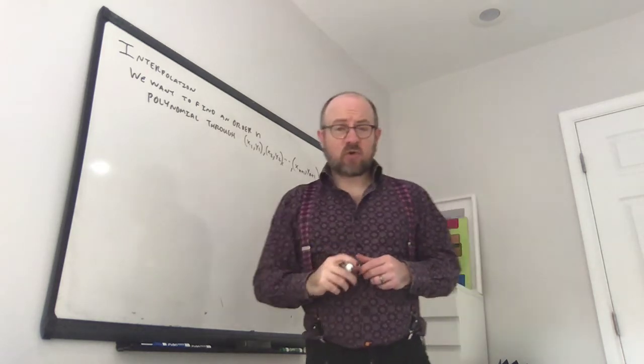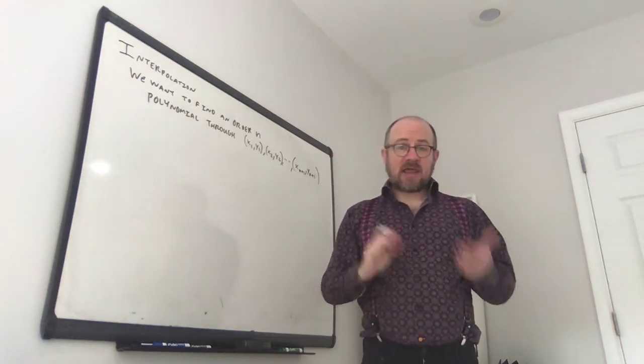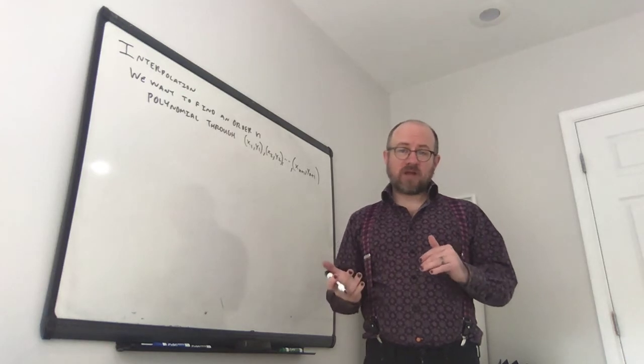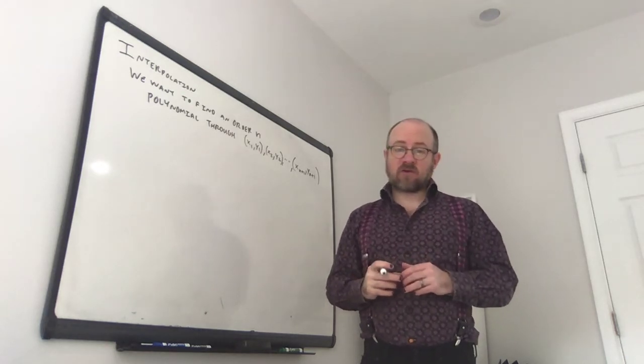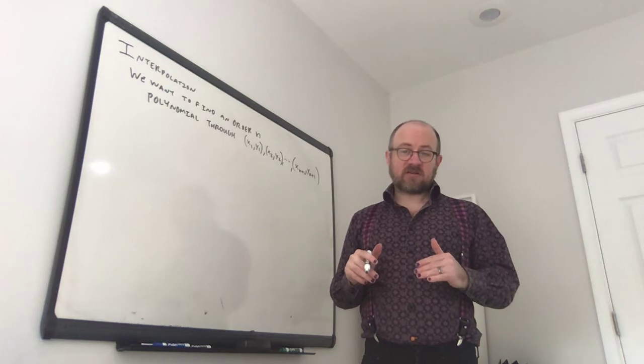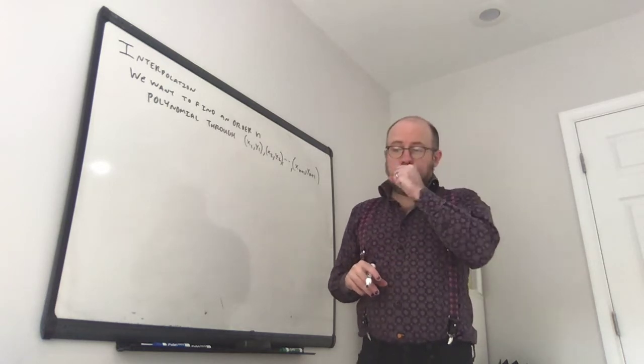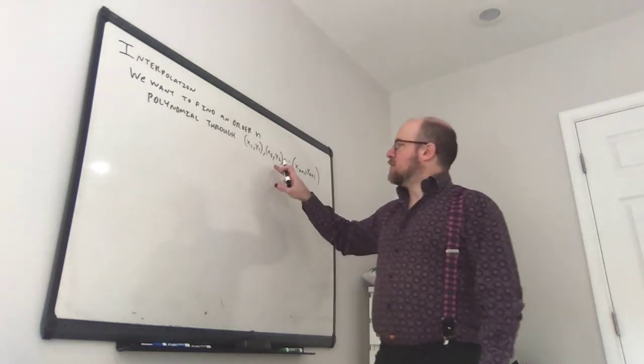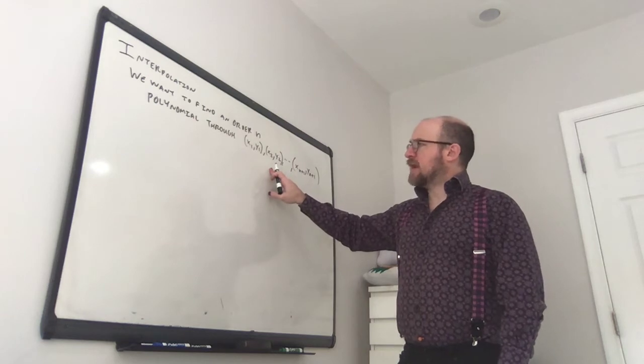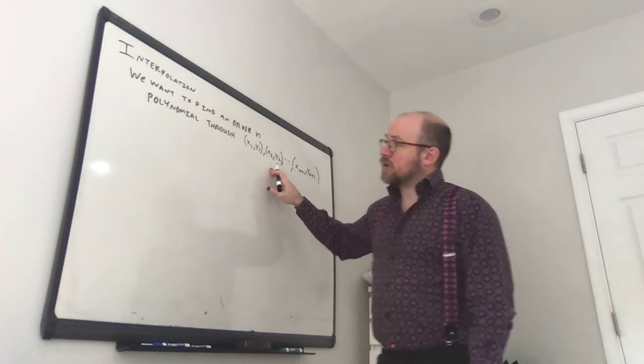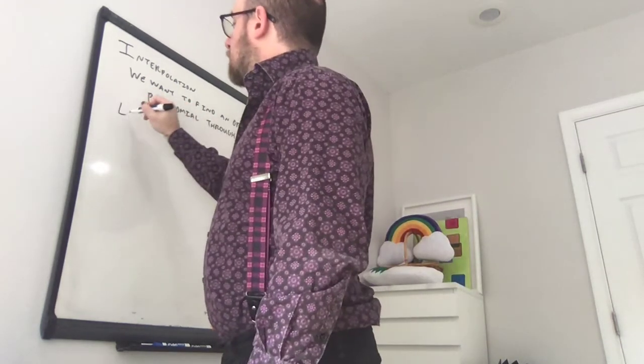So if we want to find an order n polynomial, we need n plus 1 points. We need one more point than the order of the polynomial. So like for a quadratic, we would need 3 points to define a quadratic polynomial. What we're going to do is we're going to take these points and we're going to create the Lagrange polynomial.